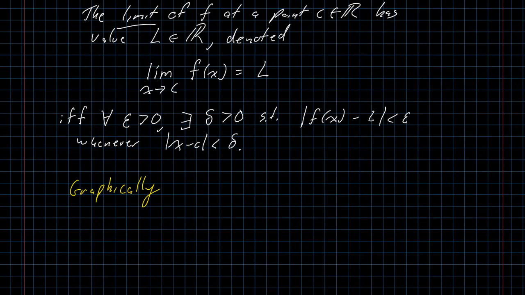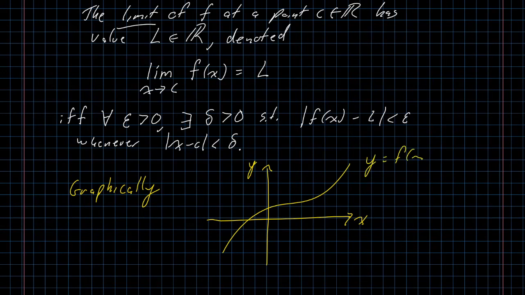And for most students, the best way to make sense of this definition is to analyze it graphically. So consider some coordinates here. We've got our x-axis, we've got our y-axis, and we've got the graph of y equals f of x. And I've got a point right here that I'm going to call my point c.